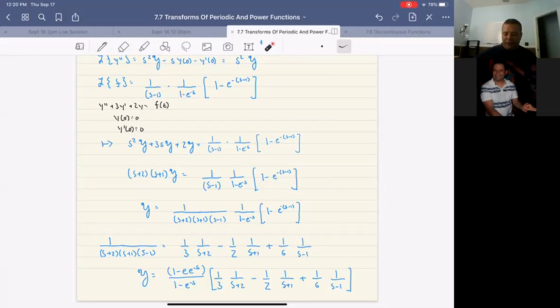When you do the 1 over 1 minus e to the negative s, that's just going to be those multiplied in the periodic factor of period 1. When you've got this e to the negative s, just keep the e in front, that's going to be e multiplying.